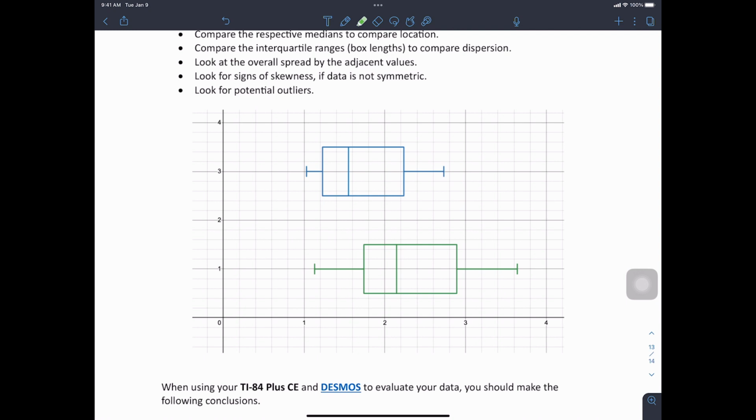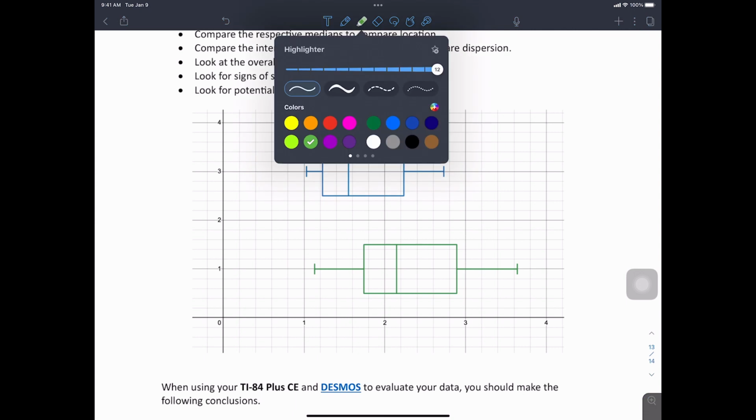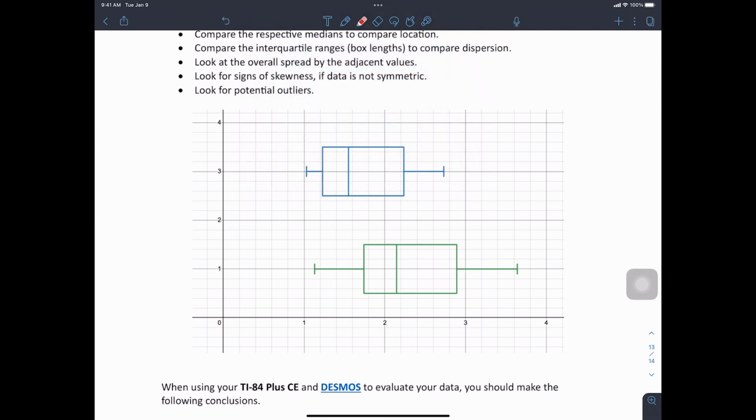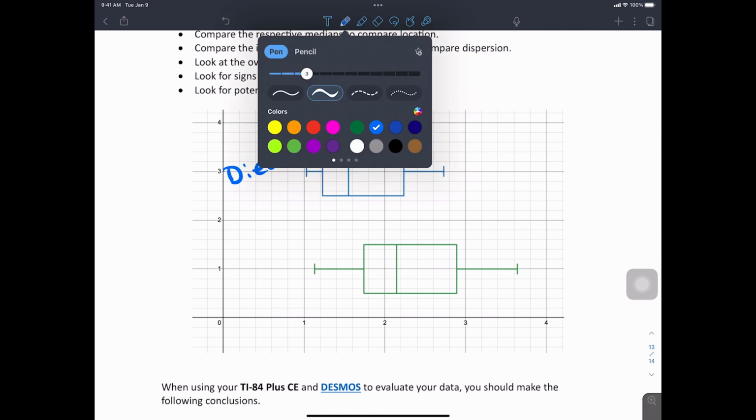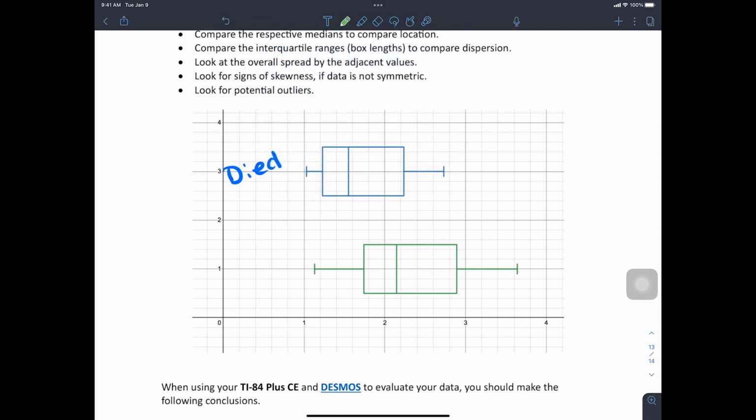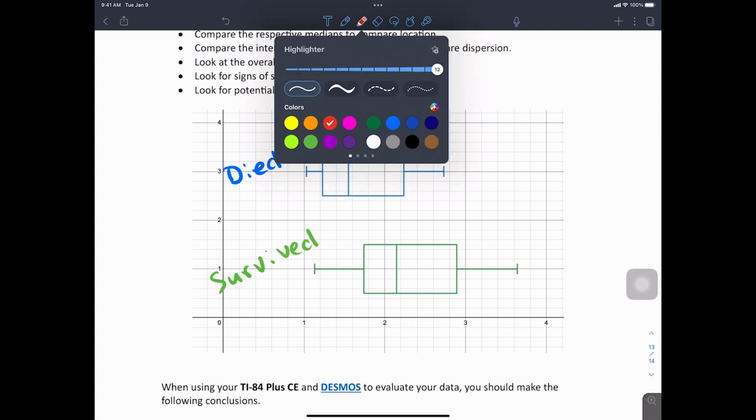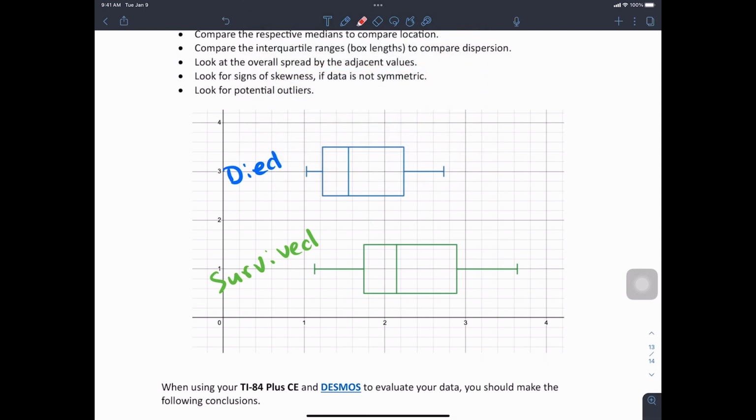So just looking again, let's talk about some skewness, right? Because the blue is they died. These infants died. They both have SIRS, and these infants survived. Couple of things to note.